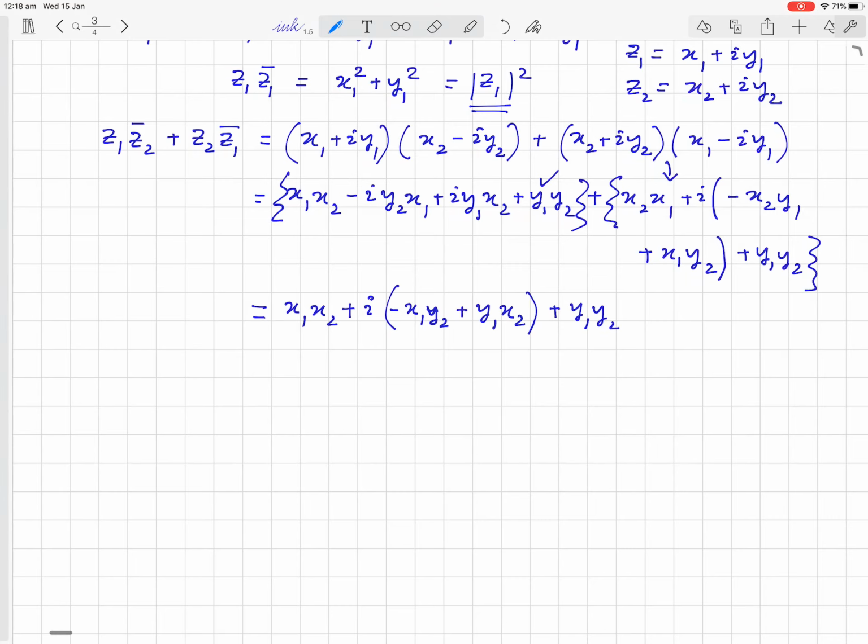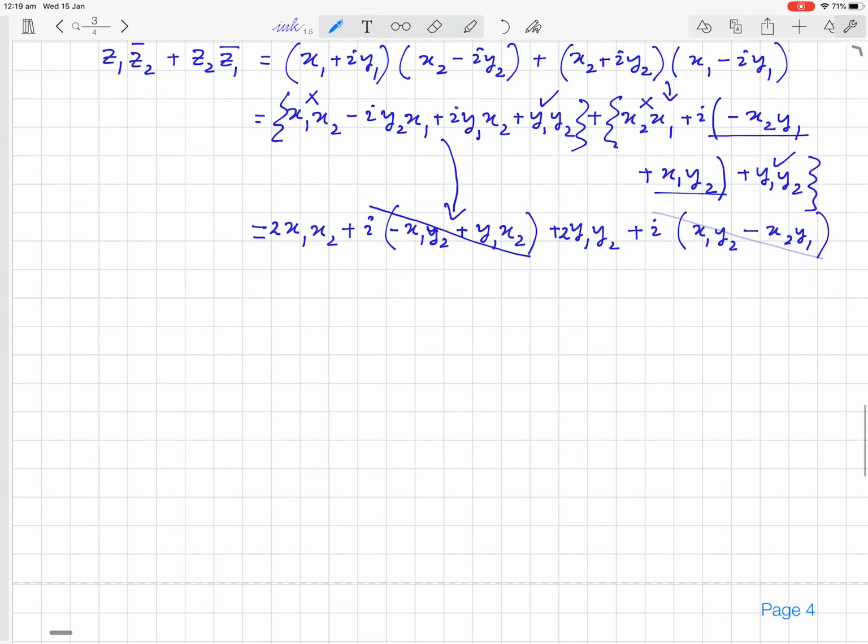Since I have y1 y2 twice, I will put 2 here, and then I have x1 x2 twice, I will put 2 here. Now I wrote this one over there, so now I will tackle this part: plus i times x1 y2 minus x2 y1. So nice. You can see these two terms are going to cancel out.